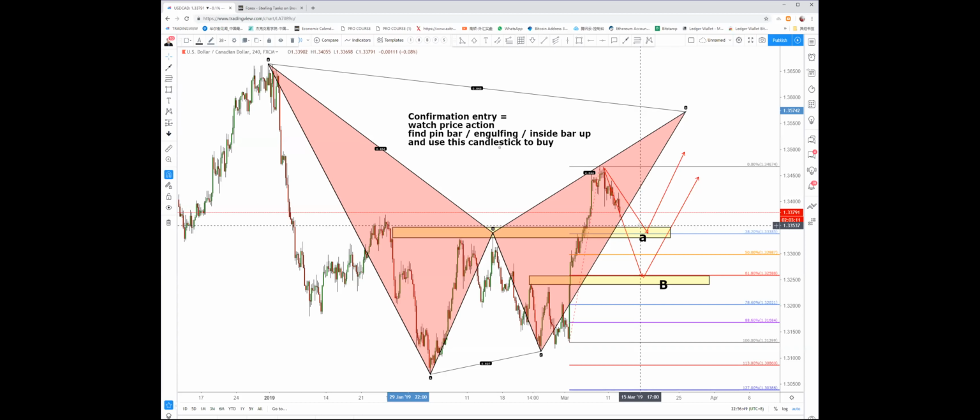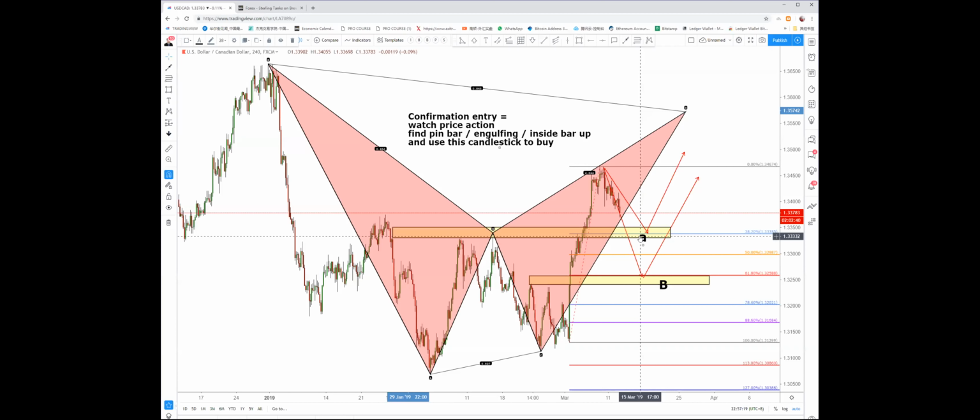So remember this. If you find it's hard to place a stop loss, you have to use confirmation entry to help you get a strong signal to buy from here or from here. You have to find some other signals. Do you understand? Give me some response.